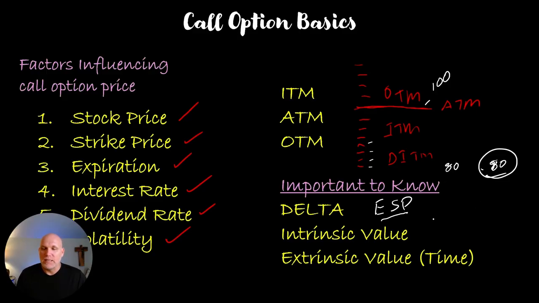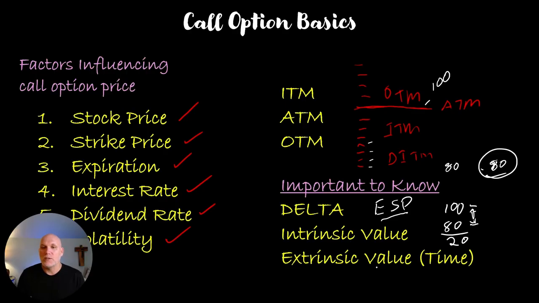Intrinsic value and extrinsic value. Intrinsic value is anything other than time. So going back to that example, if I have a $100 stock and I buy an $80 strike, my intrinsic value is going to be 20 because the stock price is here, strike price is here. It's just the difference between these two. The intrinsic value is going to be 20. However, the time value could be something greater.